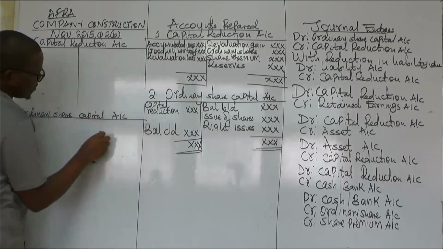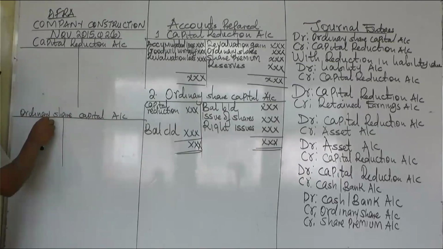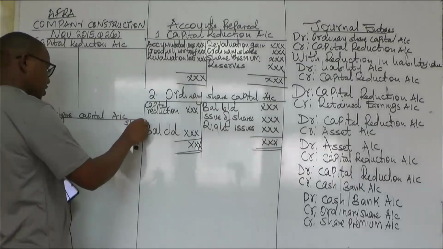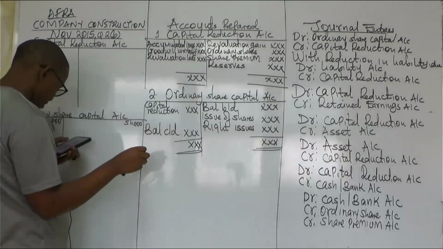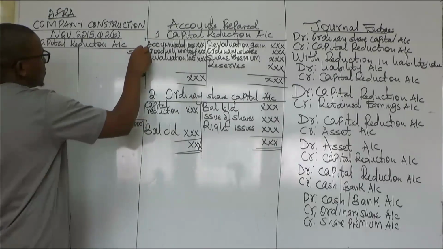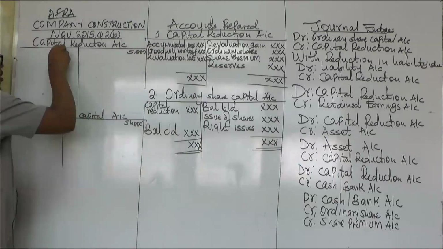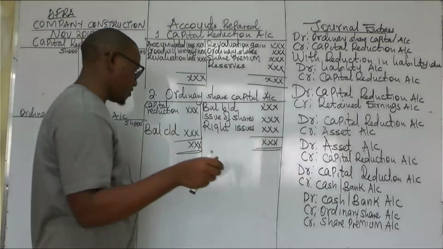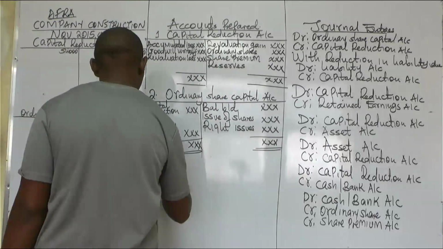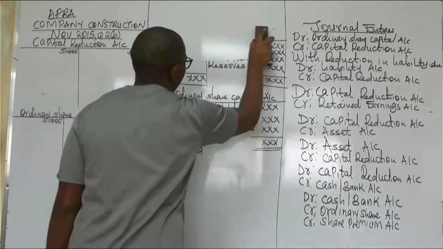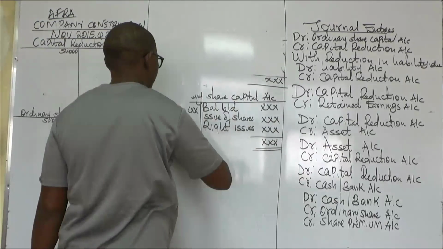And because I've said we need to also do the journal entries, let me also have my journal entries here. Shillings are in thousands. So let's see how we prepare the journal entries.